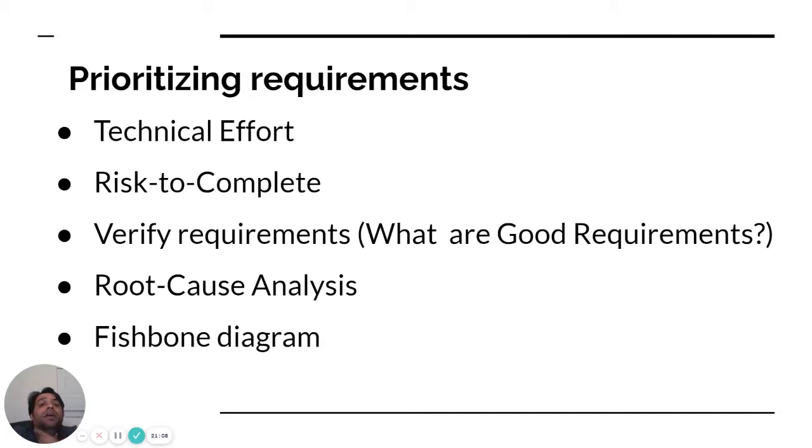Feasibility, right? They can accomplish. So sometimes people are asking for a lot of stuff which is not feasible. It is not possible to complete in a certain time frame with a certain budget. So you have to see whether the requirement is feasible or not feasible. You don't have a team, you don't have resources.